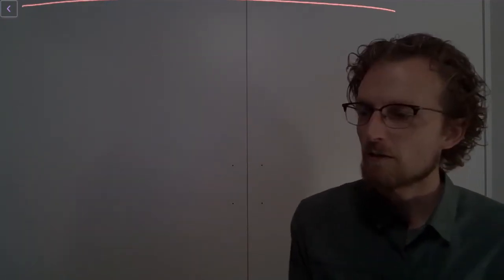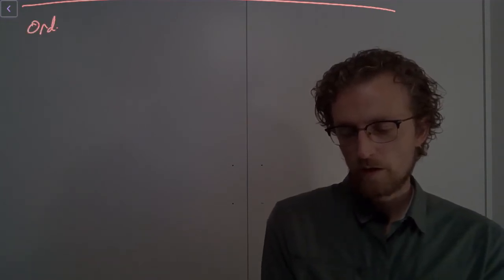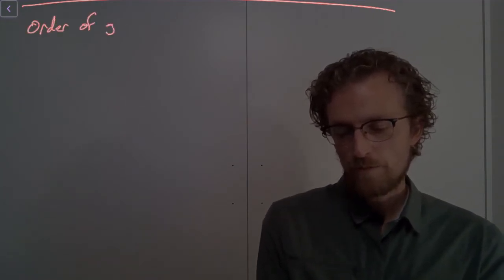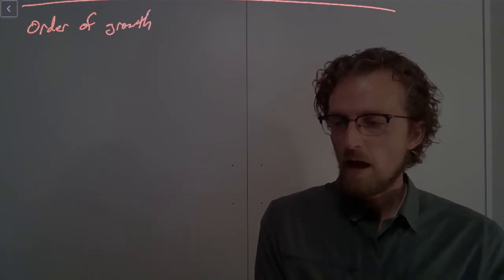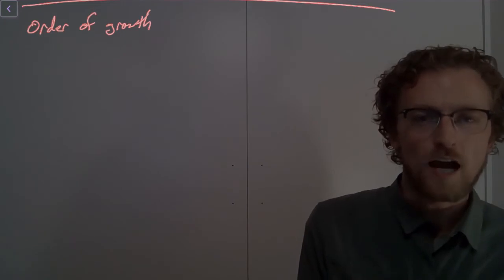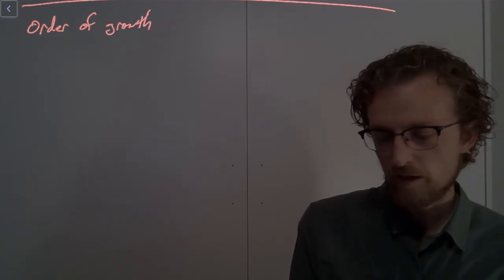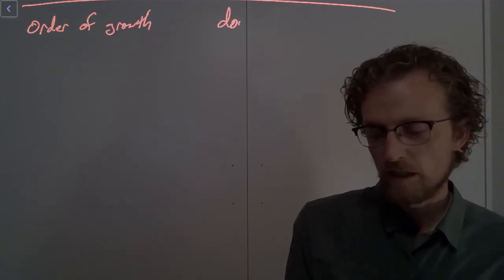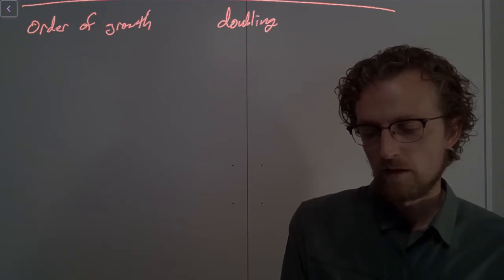Let's put the order of growth over here, and then over on the right I'm going to write the result of doubling the input size for large inputs.